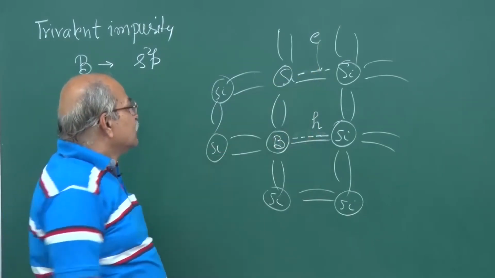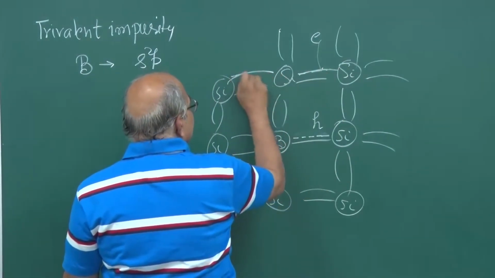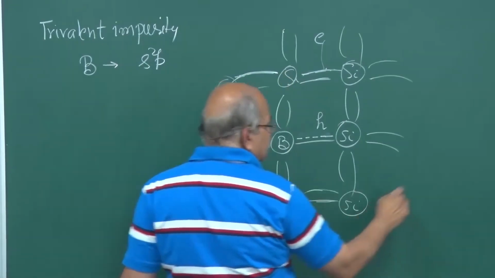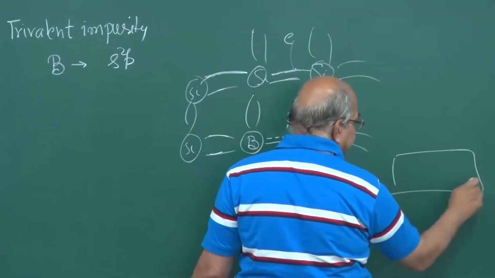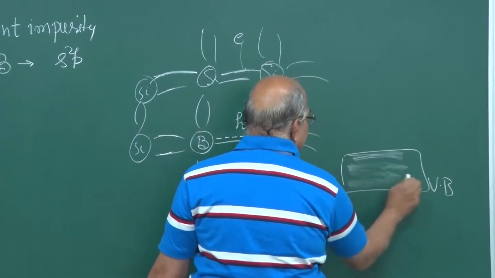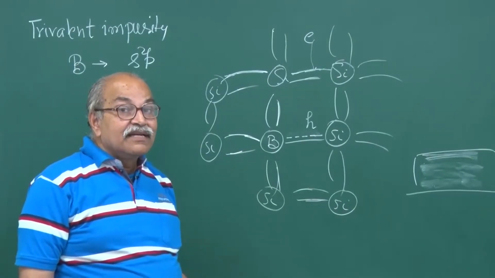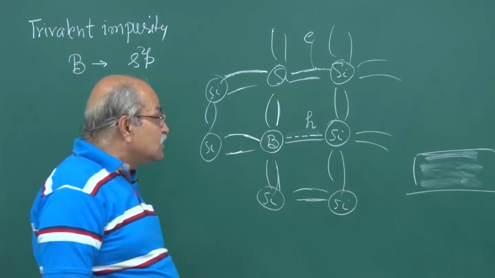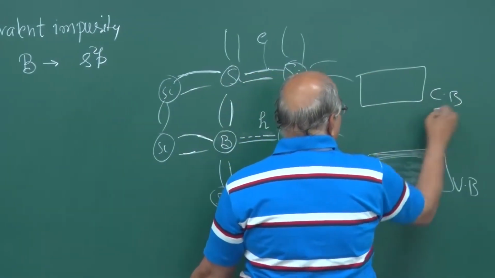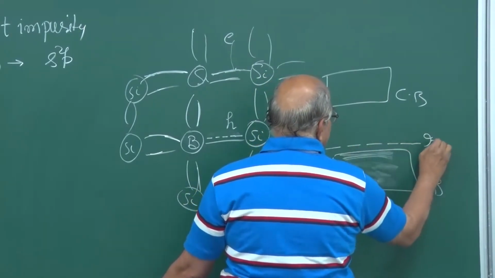These two are different, while these are all the same. You have a bond here. So if an electron is here, what is its energy? That constitutes the valence band. So new impurity level energies are created, close to the valence band, somewhere here. So this is the impurity level.